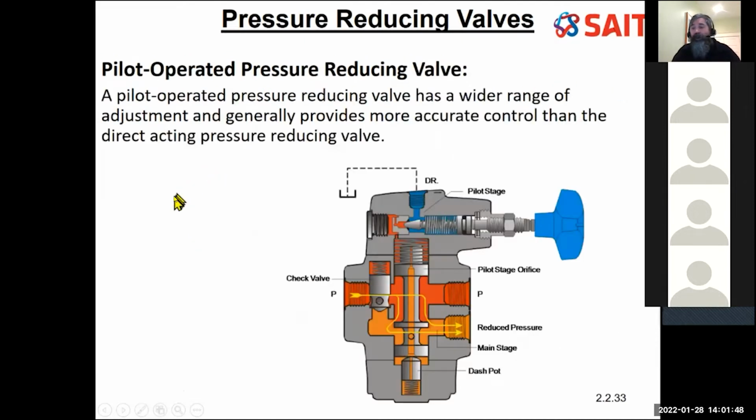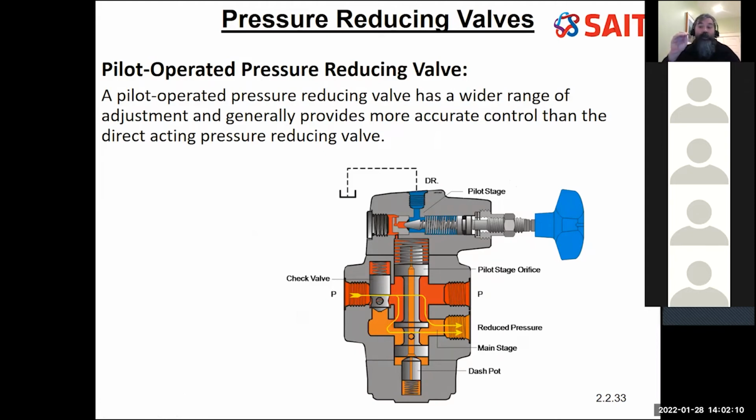Now, of course, we can have pilot operated as well. I'm not going to go into detail about this. This pilot stage, once again, is a direct acting pressure relief valve, acting with the pressures. And once again, because it is pilot operated, I can use a lower pressure spring in this main valve body. That's going to give me excellent modulation.